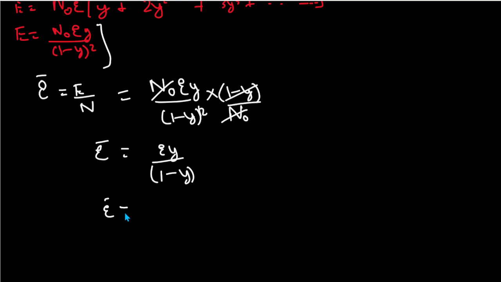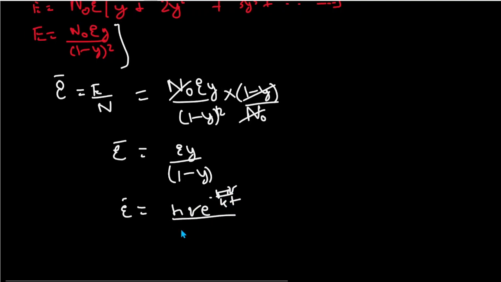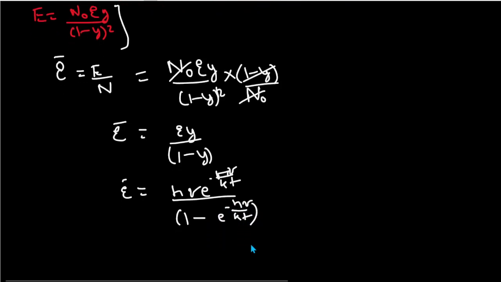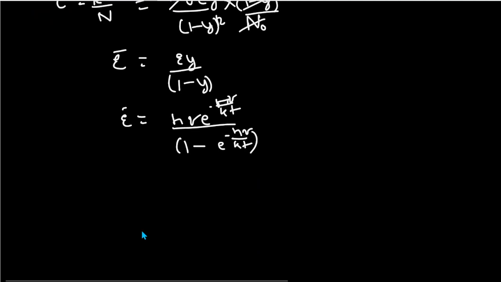So the average energy of each Planck oscillator is equal to, putting the value of epsilon as h mu and y as e to the power negative h mu divided by kT, divided by 1 minus e to the power negative h mu divided by kT. We can also write this expression in a simpler form.